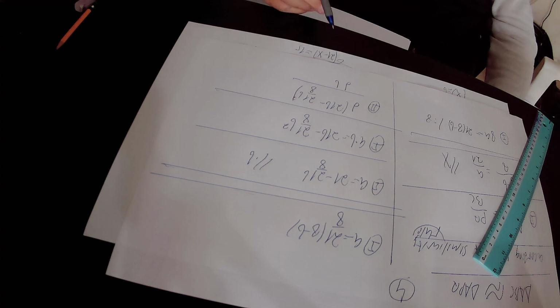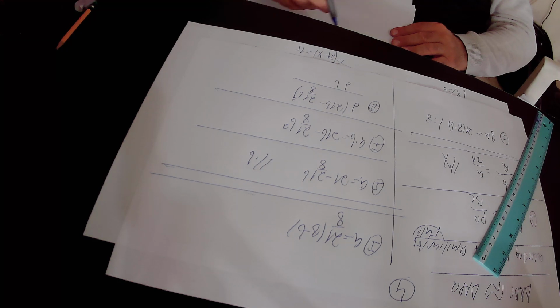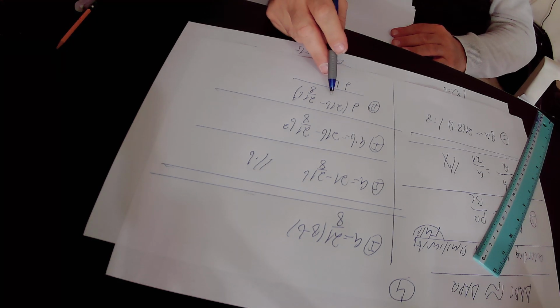Okay. So what is the derivative of 21b minus 21b squared over 8? Actually, the derivative of b is 1, and therefore this expression will be equal to 21 times 1, that is 21.